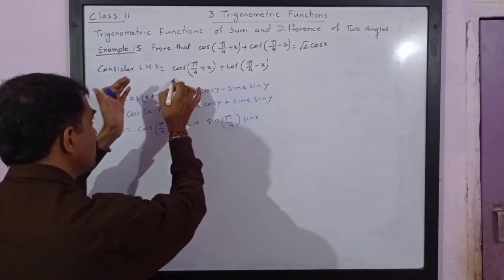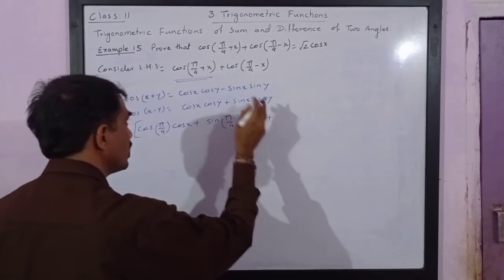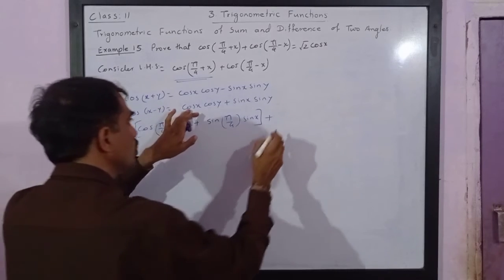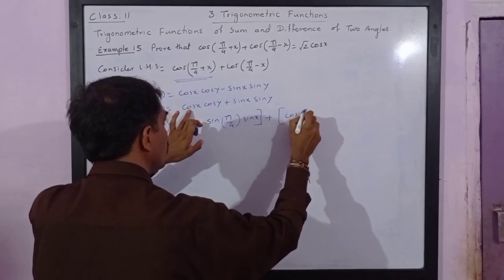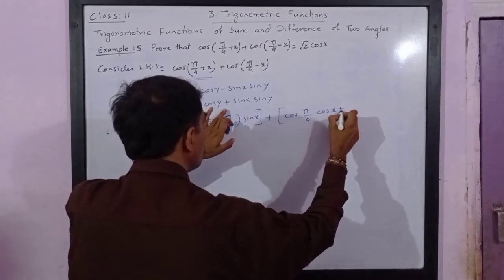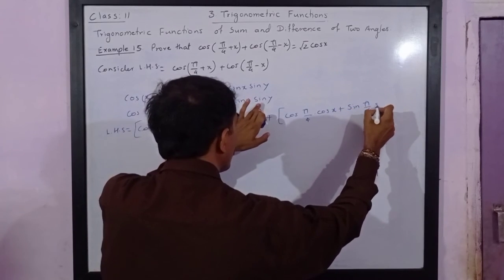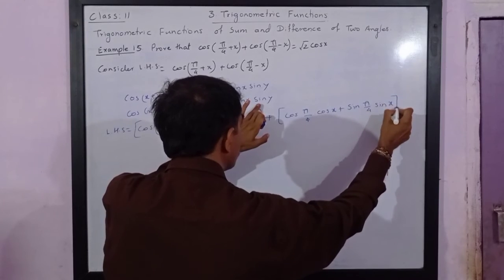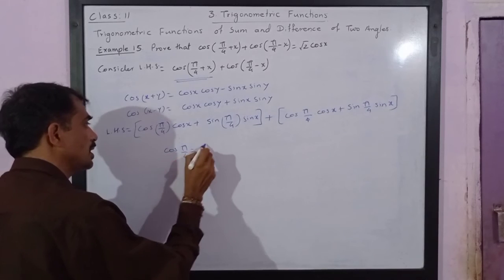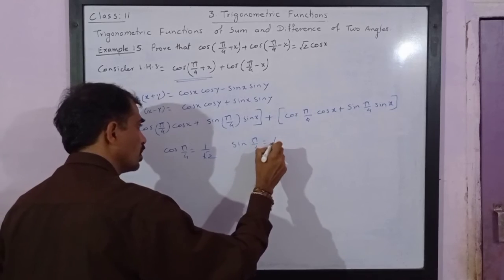So for this part I have written this, plus, now for cos of pi by 4 minus x, the cos of x minus y identity I am going to use. So this becomes cos of first angle into cos of second angle plus sin of first angle into sin of second angle. Now we know that cos pi by 4 is equal to 1 upon root 2 and sin pi upon 4 is also equal to 1 upon root 2.